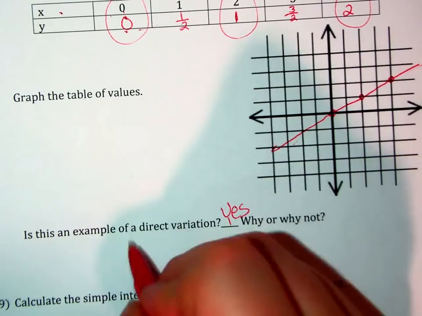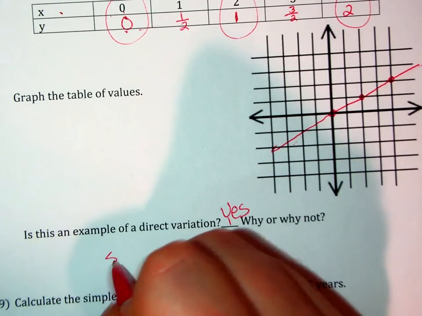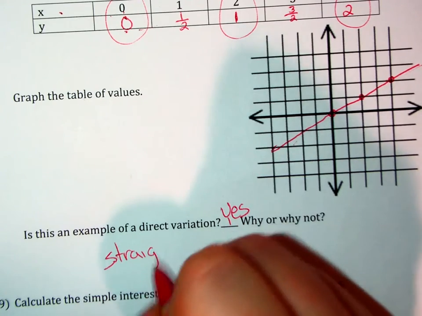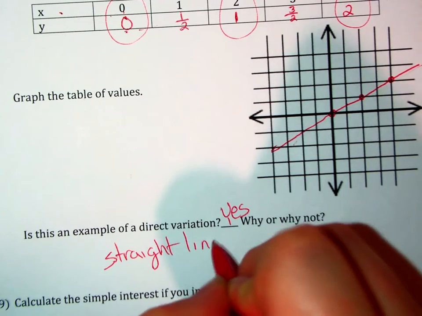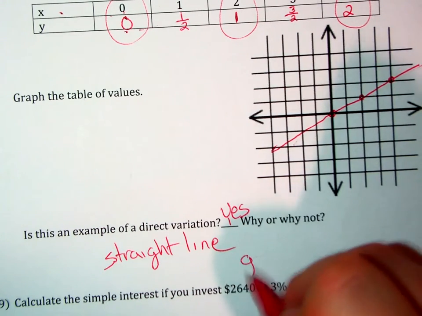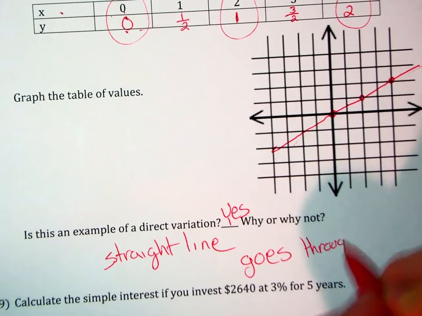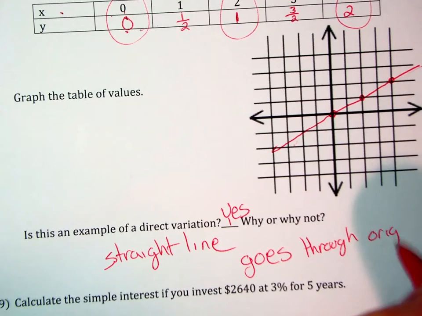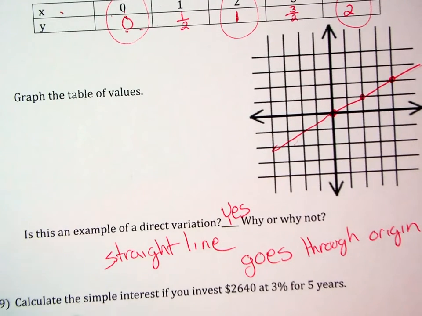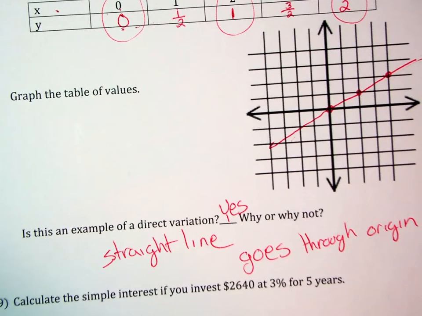Why or why not? It is because it forms a straight line and it goes through the origin. Meets both of my criteria for direct variation being proportional.